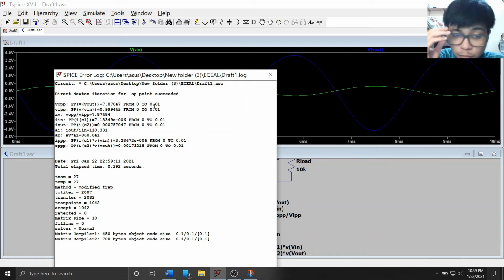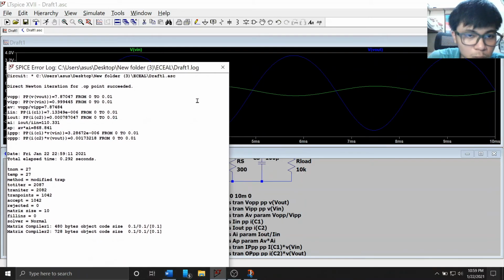We now have the voltage gain at 7.87. We also have here the current gain and the power gain, which is 868.84 watts. We also have here the input power peak-to-peak and the output power peak-to-peak.